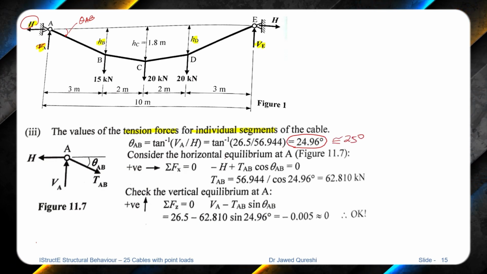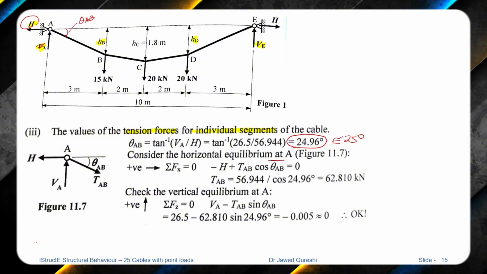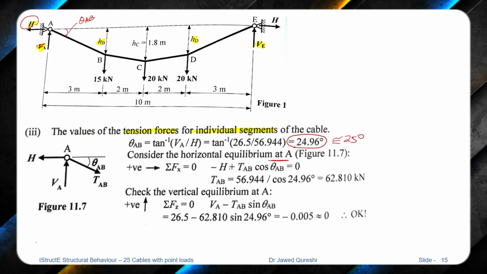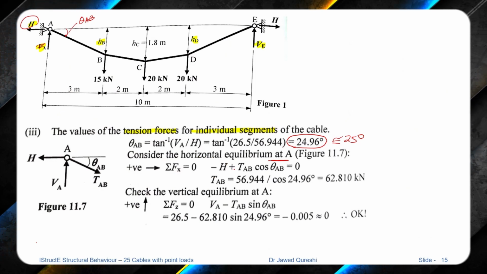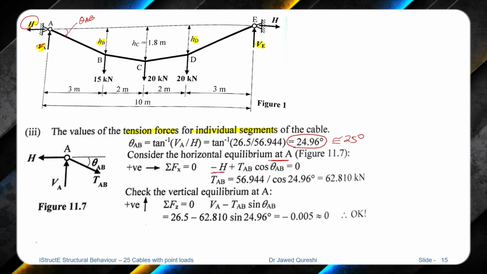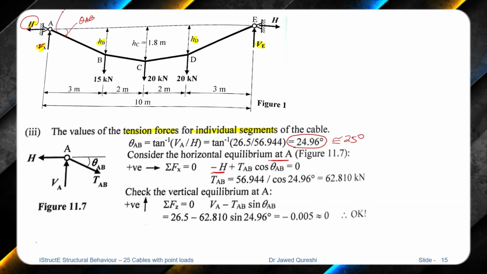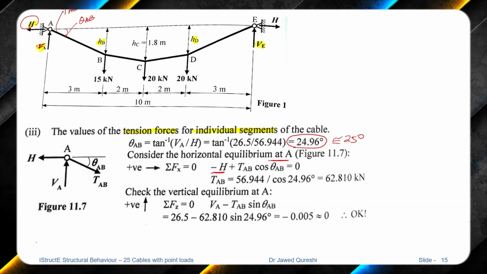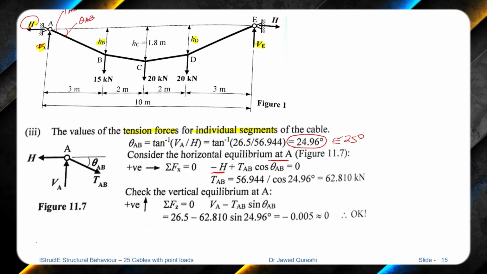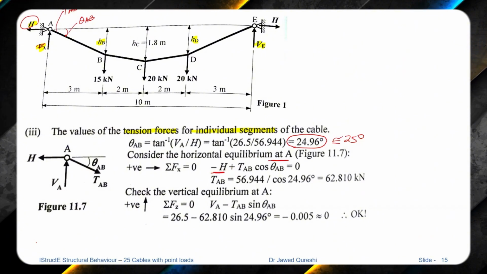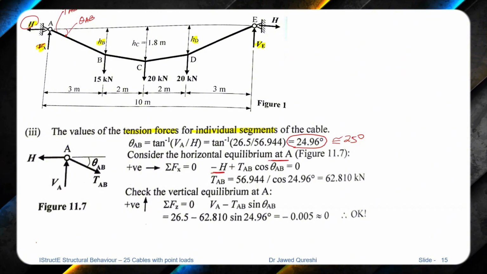Then we will consider horizontal equilibrium at point A, the summation of all horizontal forces. So I'm considering the segment AB only here. So minus H, and then TAB is the tension force in this segment. When I want a tension force, the horizontal component of this inclined force will be T cos theta.